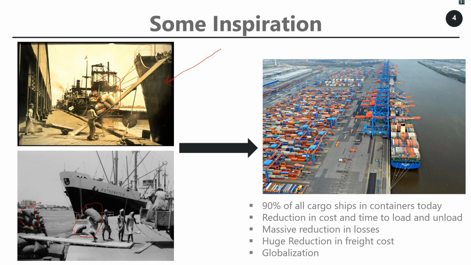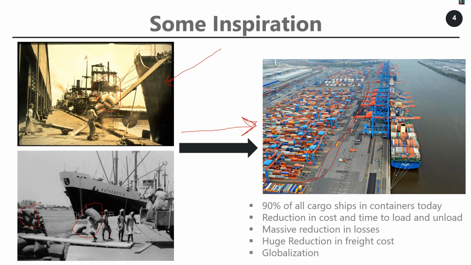And today we have something like this. Like I said, it's a complete ecosystem around shipment of containers, right? It's so optimized, and all the machinery for that purpose was developed.